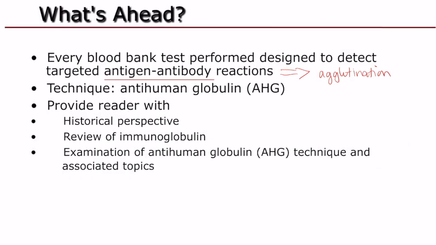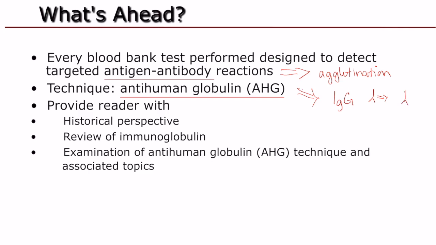Let's get some light on the subject here. There we go. One thing we're going to talk about particularly is that anti-human globulin. Now remember, this is actually an IgG antibody. So this is a manufactured antibody that is targeted against any human antibody.